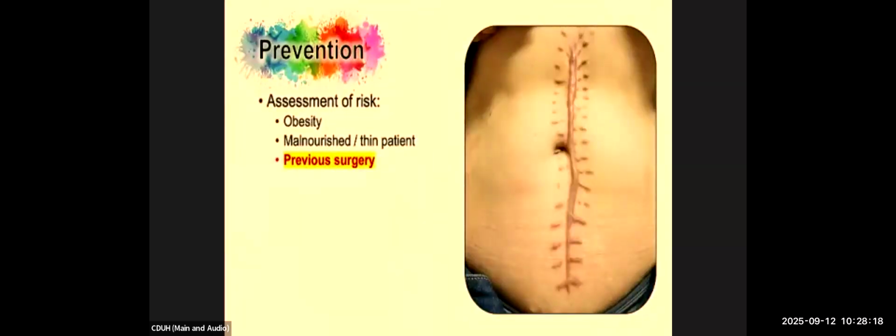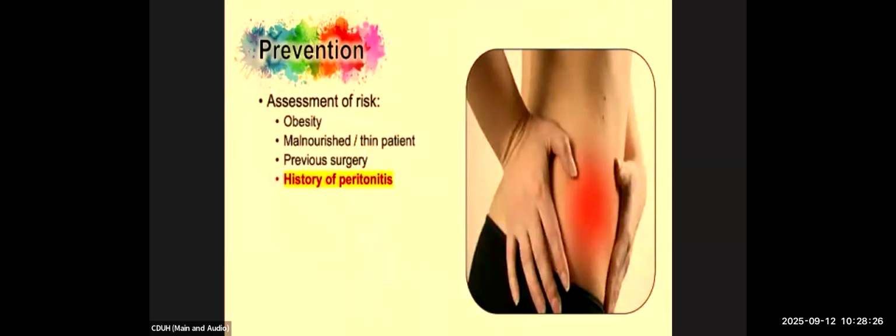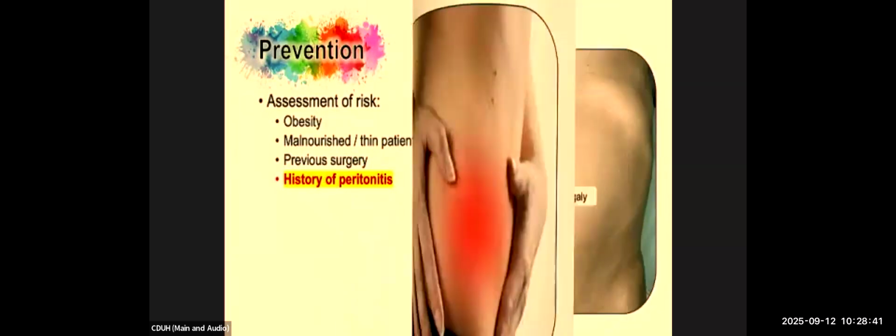Next, any patient who has had previous surgery, we need to anticipate a high possibility of adhesions inside. Next, any patient with peritonitis, especially those with end-stage renal failure on CAPD, usually have a lot of adhesions as well. There's no operation, but there are a lot of adhesions. So you need to be cautious about that as well.